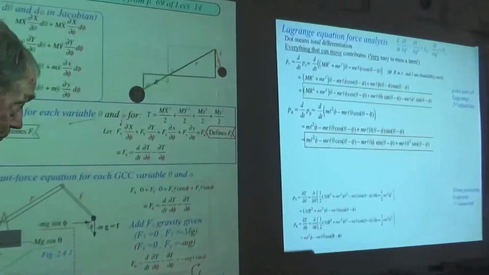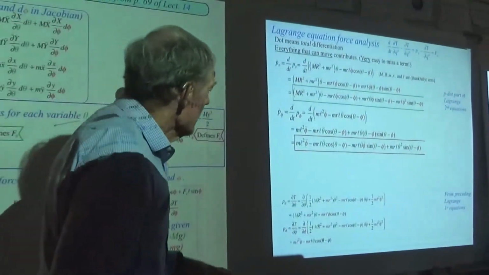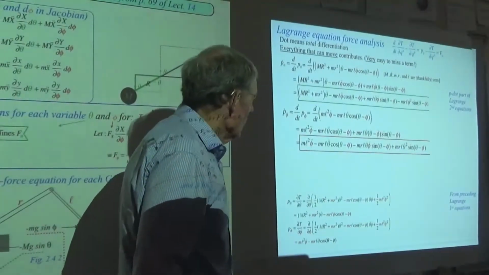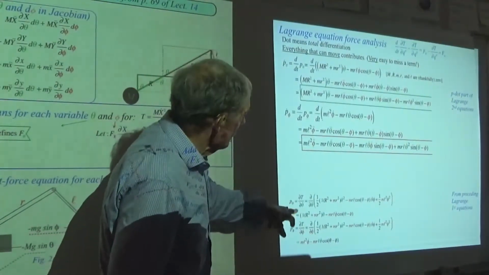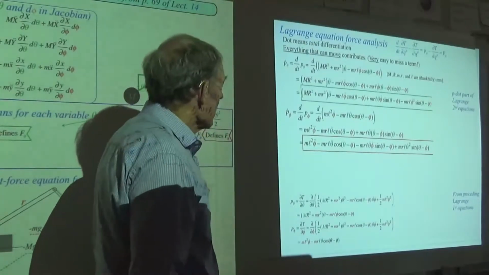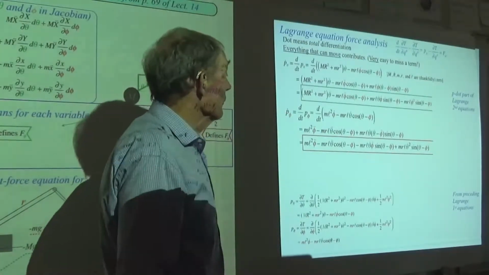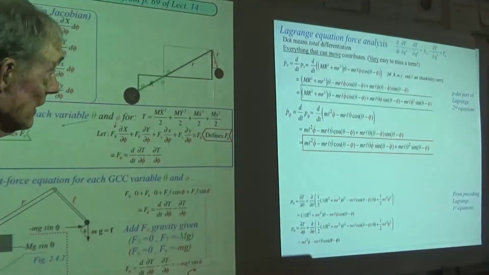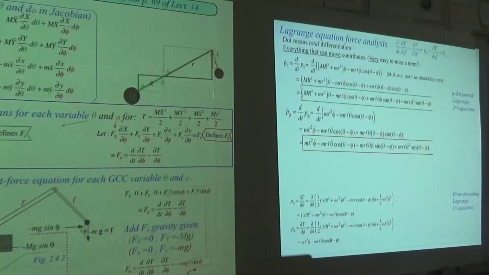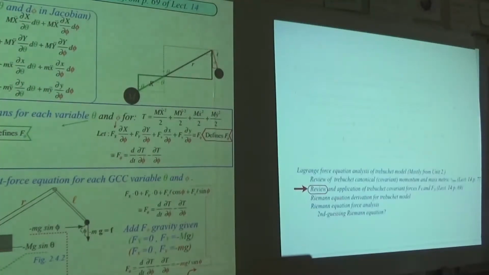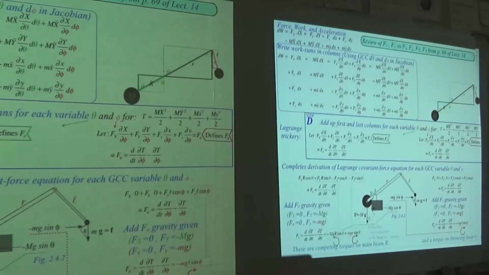Okay, so that's something we got to plug into this stuff here when we write this thing, and right now we're just using the definitions of the momentum, and then, of course, the definitions of the total time derivative of that. But we've got to fill that in with those particular quantities.